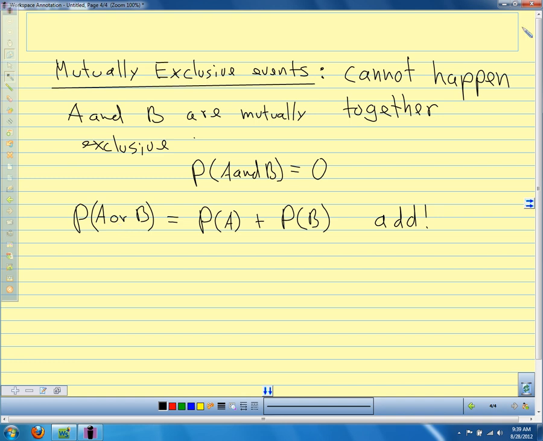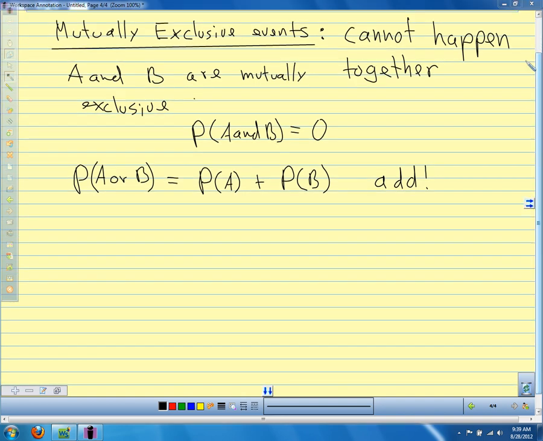So let's look at an example with mutually exclusive events. We have a bag with marbles again. We have 3 red, 4 blue, and 6 green.